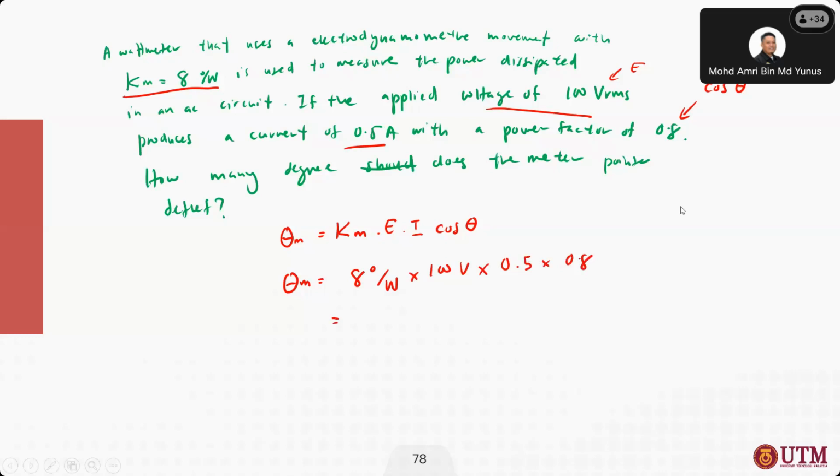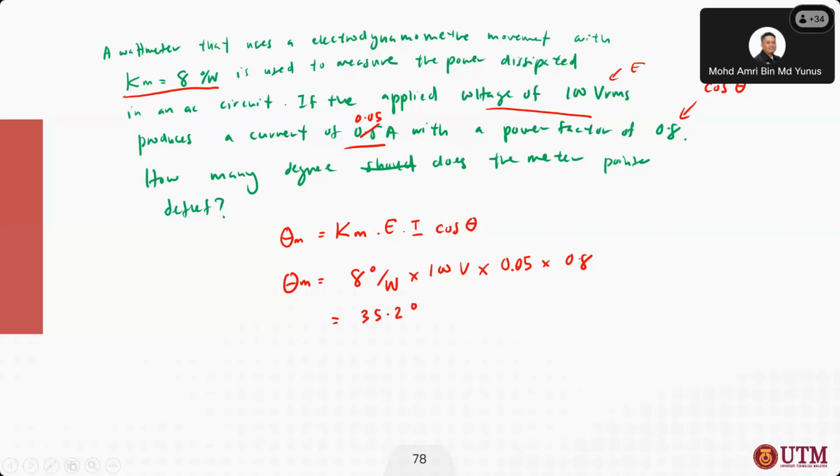I think the current is not 0.5, the current here is 0.05. Therefore, the angle is 35.2 degree.